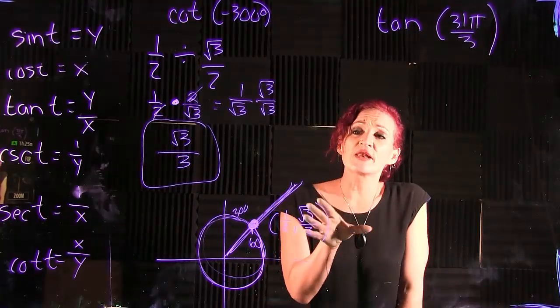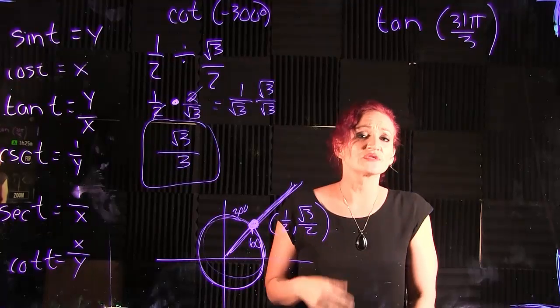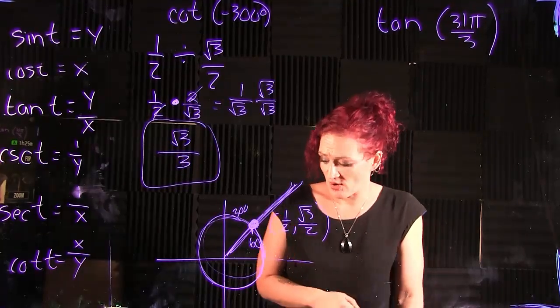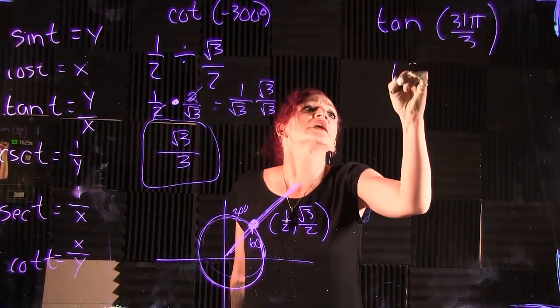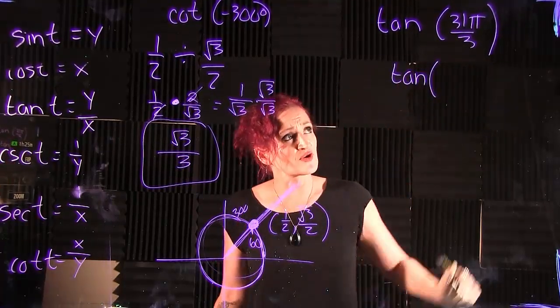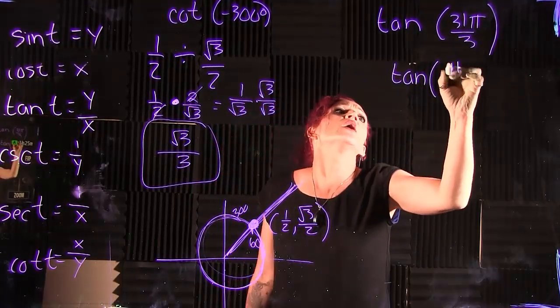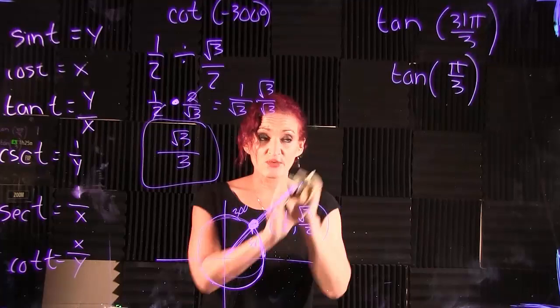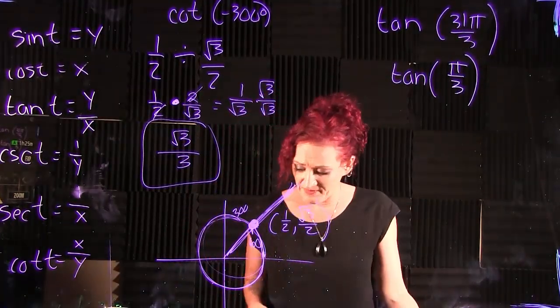If you need a little more elaboration on that, look up one of my videos about how to determine the coterminal angle. Otherwise, if we keep subtracting 2 pi, the coterminal angle to 31 pi over 3 would be pi over 3. So we really just need to find tangent of pi over 3.